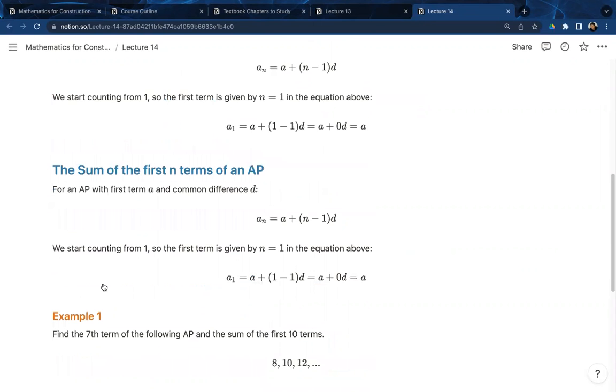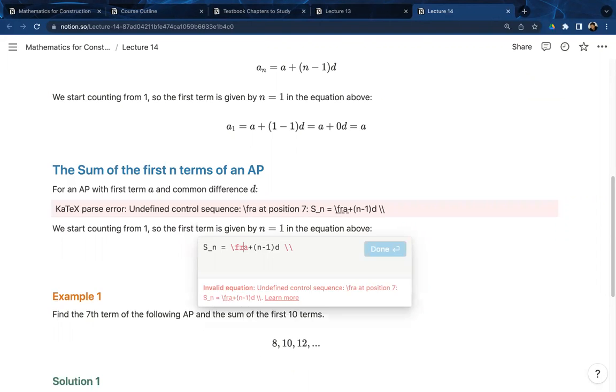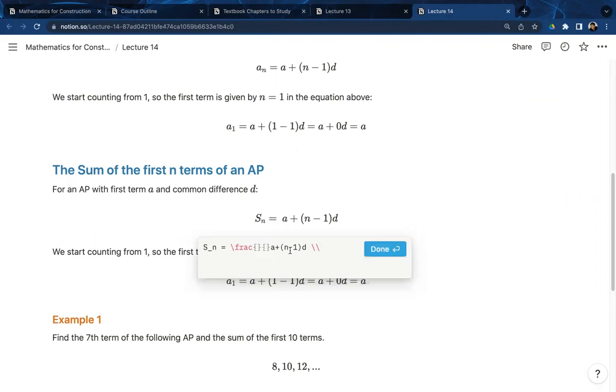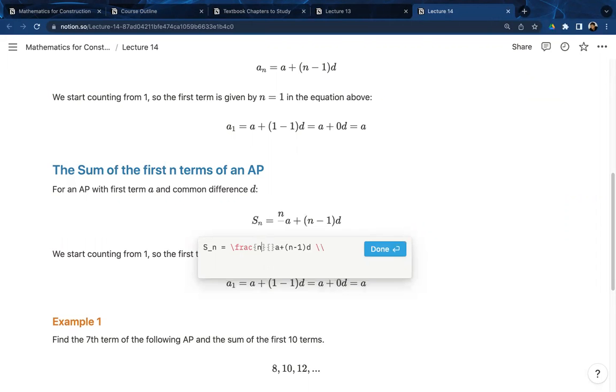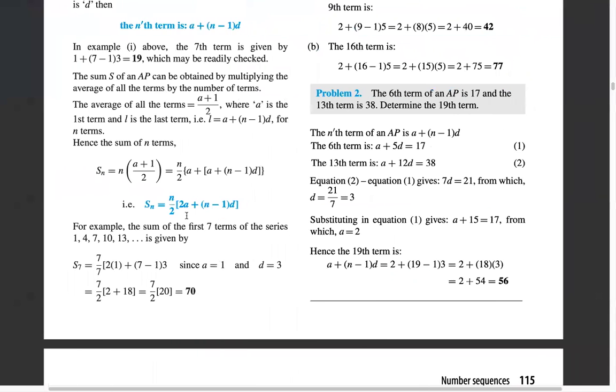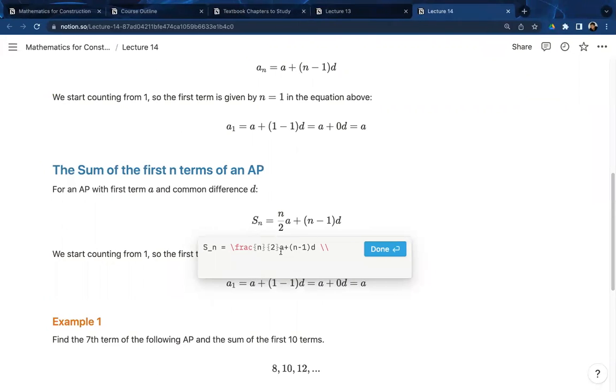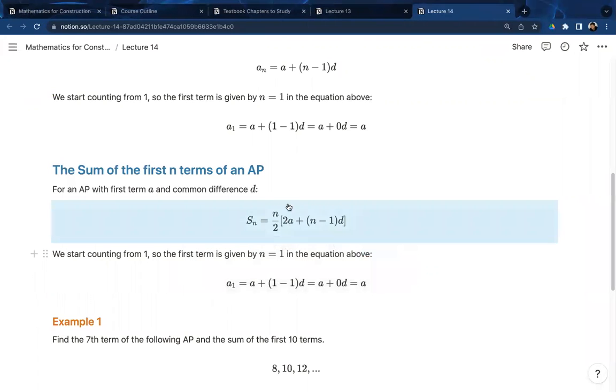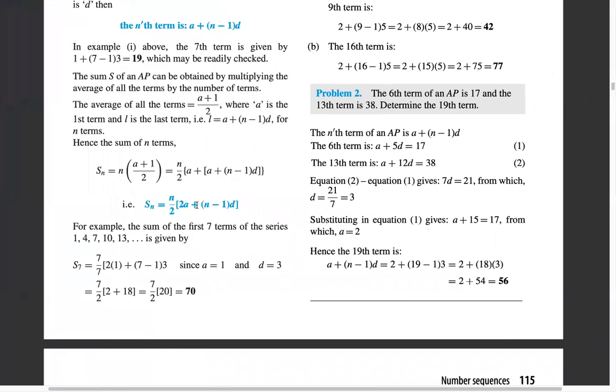So the sum of the first n terms of our AP, with first term a and common difference d, we have Sn equals n over 2, in brackets, 2a plus (n minus 1)d.